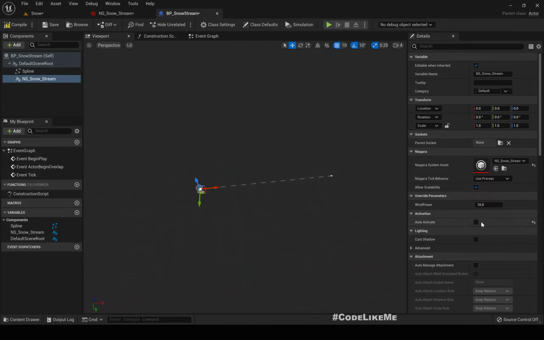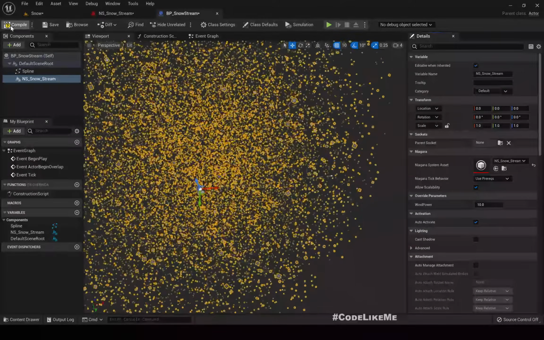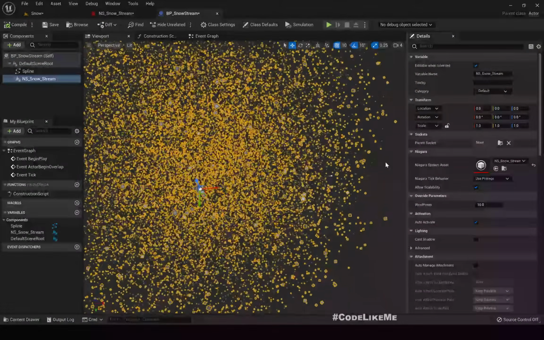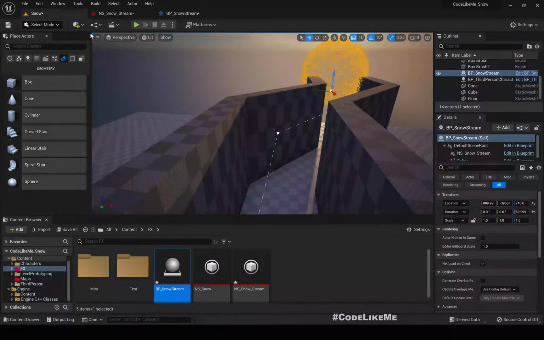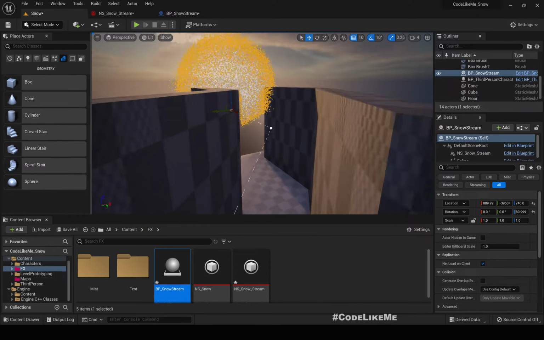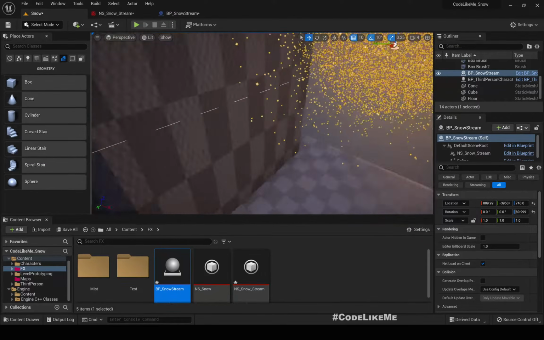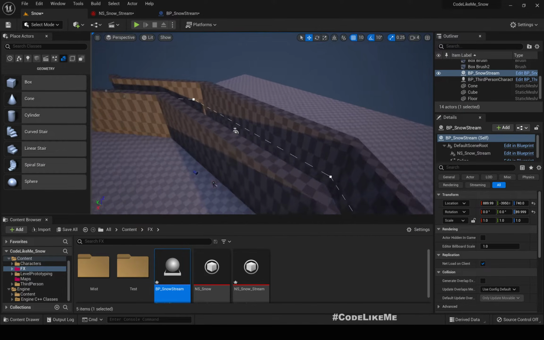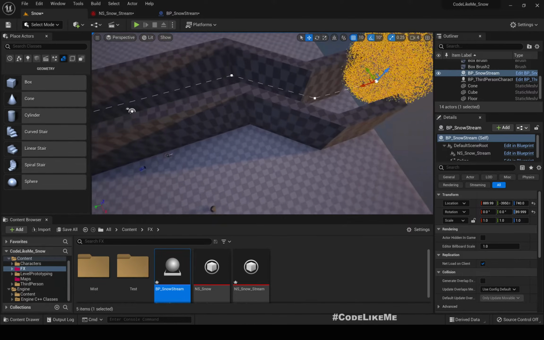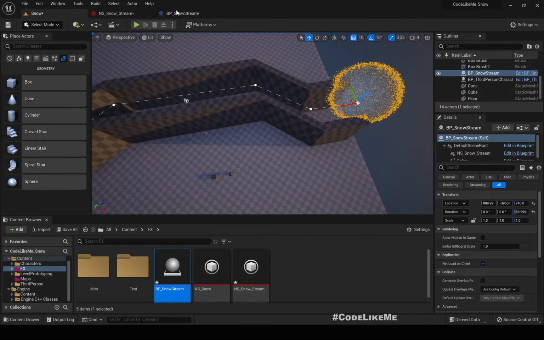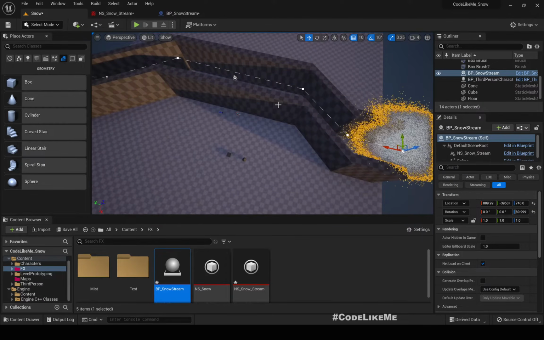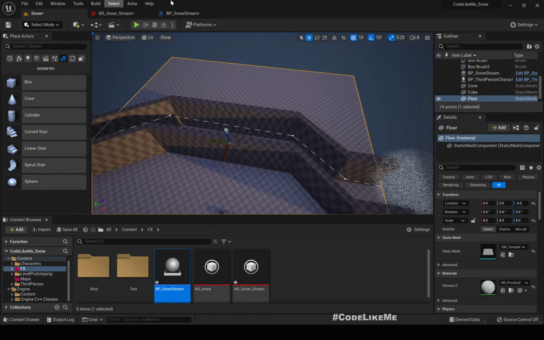Now we can enable the particle, and then when we play the game, let's move this particle along the spline. Okay, how?